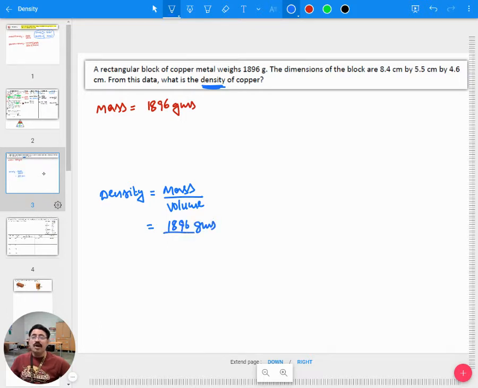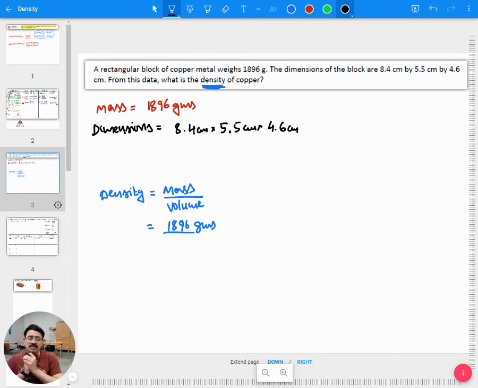When it comes to the volume of the block, it is not given, but instead the dimensions of the block are given, right? So the dimensions mean 8.4 centimeters times 5.5 centimeters times 4.6 centimeters.